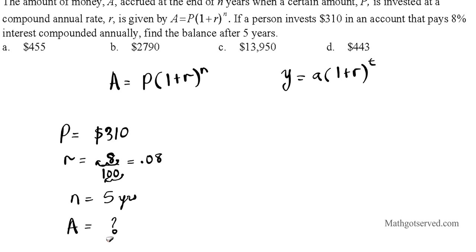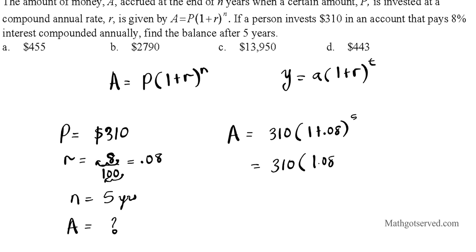So we don't know it. What we're going to do is plug everything into this formula and compute what A is. So A is basically 310 times 1 plus 0.08 raised to the fifth power. That equals 310 times 1.08 raised to the fifth power.